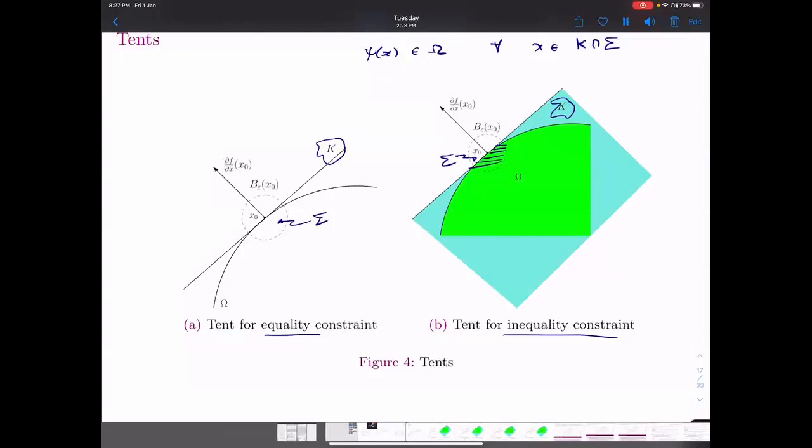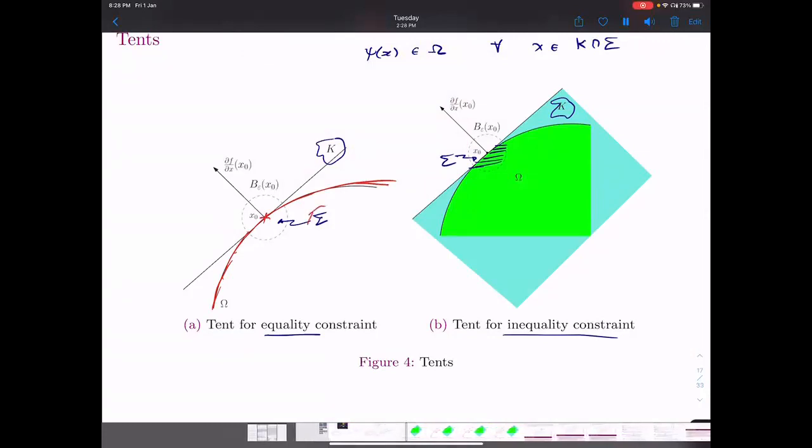When you have these sets, let's look at this set. Let's say this was your constraint set, and this was the point which you were considering as an extremum of the performance measure.